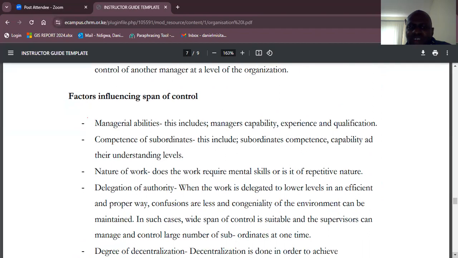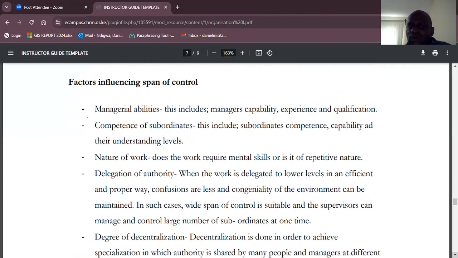So what are some of the factors that influence the span of control? The first factor is the managerial abilities. So as a manager, there are some issues that you need to have. You need to have some capabilities or abilities that will help you to be able to manage your people well, so that your employees don't complain of your leadership style or your leadership skills or management skills.